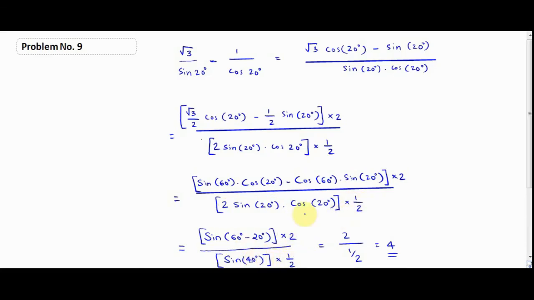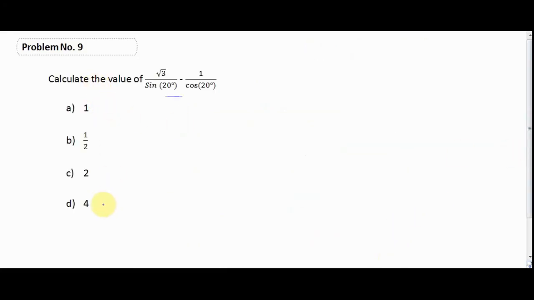So in the numerator we have sine 40 degree, and in the denominator we have sine 40 degree, so we may cancel these two. Now the left out values are 2 and 1 by 2. So 2 by 1 by 2, we get the answer as 4. So the right answer is option D, that is 4.